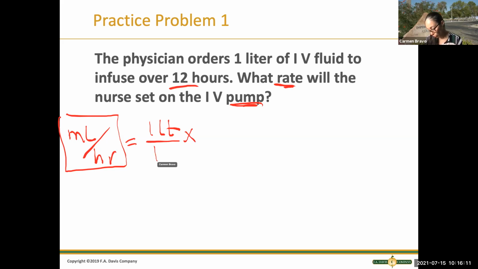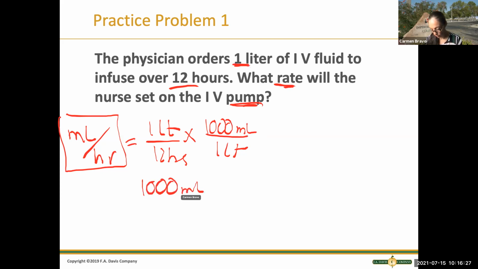1 liter over 12 hours, right? You can put in your conversion table, but 1 liter we already know is 1,000, so you can just go ahead and put the 12 hours like that.